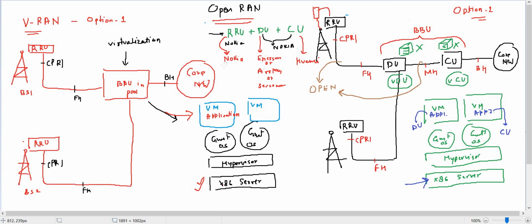This is possible only with the introduction of Open RAN, that we can merge hardware from different vendors. The rest of the things are the same, whatever we have seen in vRAN, everything is the same except that we can merge different hardware from different vendors.